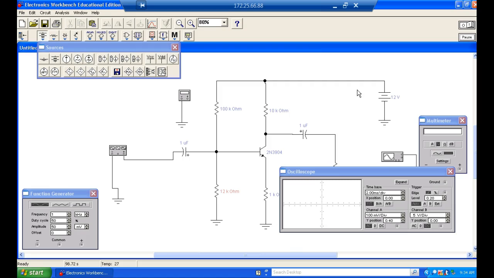Should it go up or should it go down? So the 12K resistor is going up, and you're saying it's going to drop less voltage? Base voltage is going to go way up, guys. Base voltage is going up.